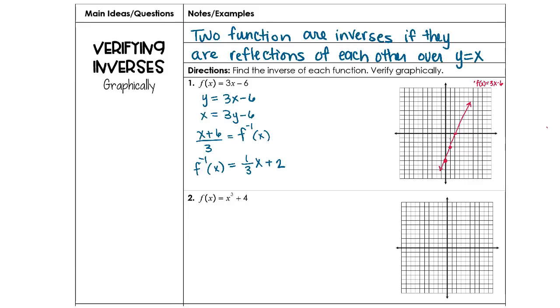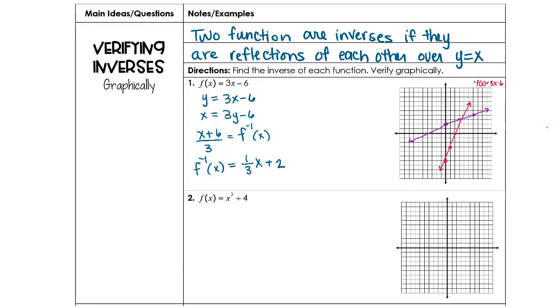Now let's graph our inverse, which was 1/3 x plus 2. So we're going to go up to our y-intercept of 2, and 1/3 means that we're going to go up 1/3, and again up 1/3. Oh, that was just 2. Up 1/1, 2, 3. There we go. So now we have our other line doing something like this. Now we have to look and see, there's our line, and pretend that's a straight line.